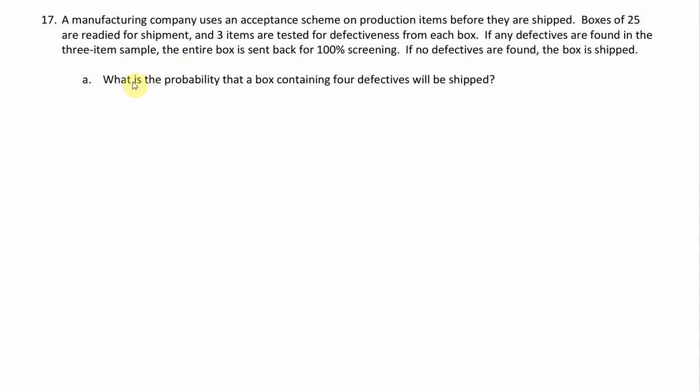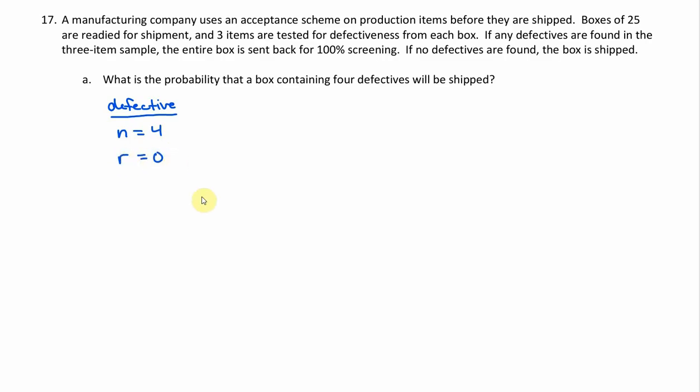I think the best thing is to try to arrange everything like we did last time, like how we had tulips and daffodils. I guess here the things we're picking out of the box could either be defective or not defective. So for defective, it says there are 4 in the box, but then for the box to get shipped, we have to pick none of these, right?